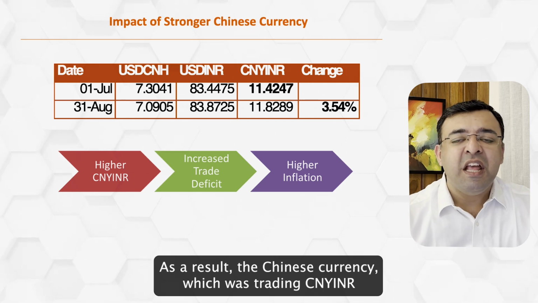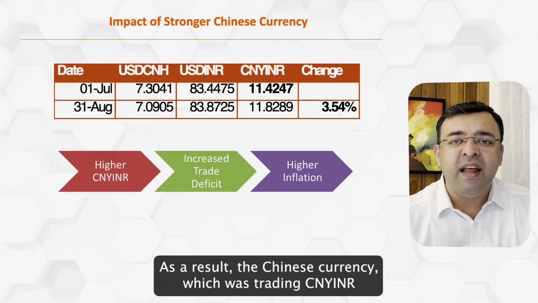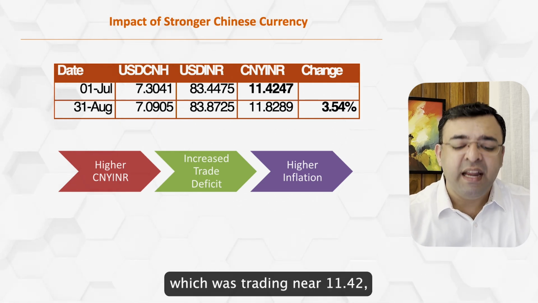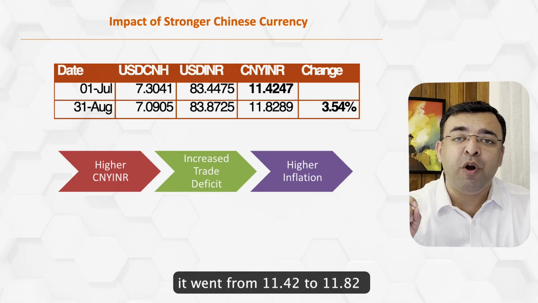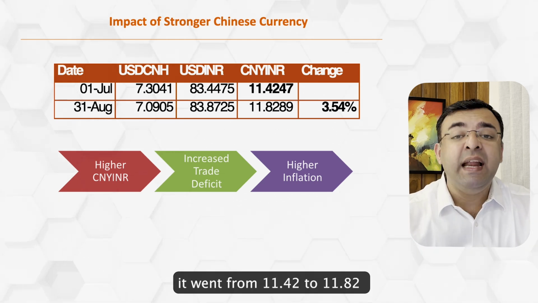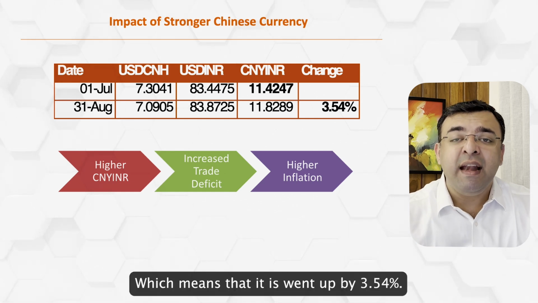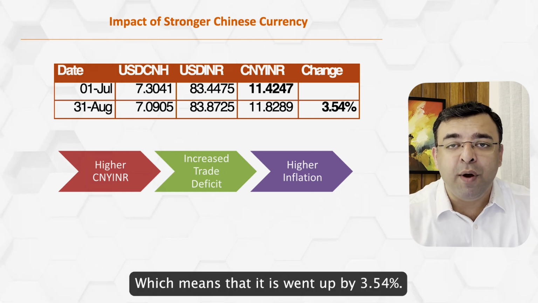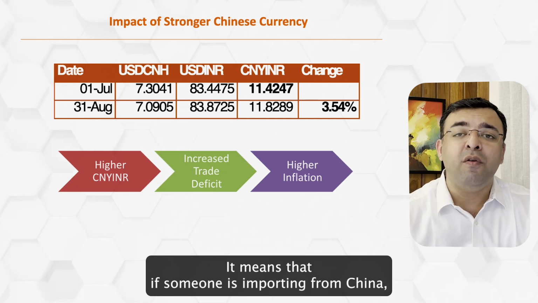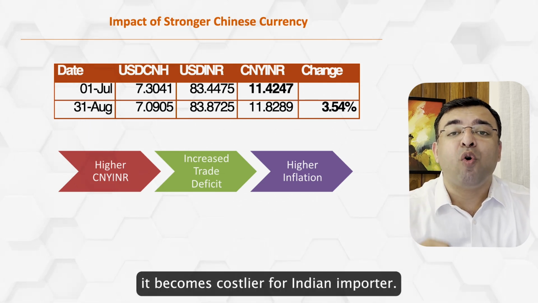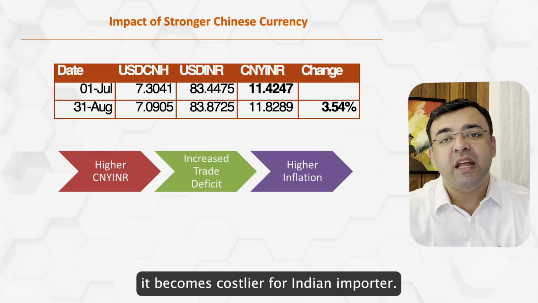As a result, CNY INR, which was trading near 11.42, went from 11.42 to 11.82, which means that it has gone up by 3.54%. It means that if someone is importing from China, it becomes costlier for Indian importer.